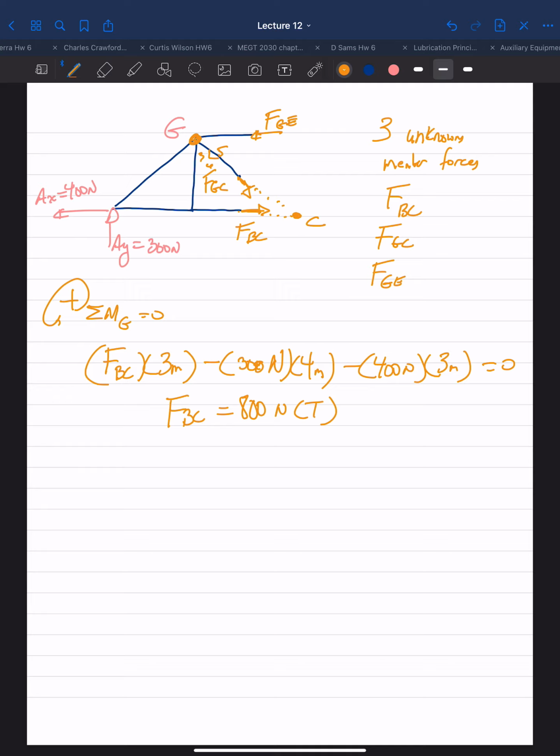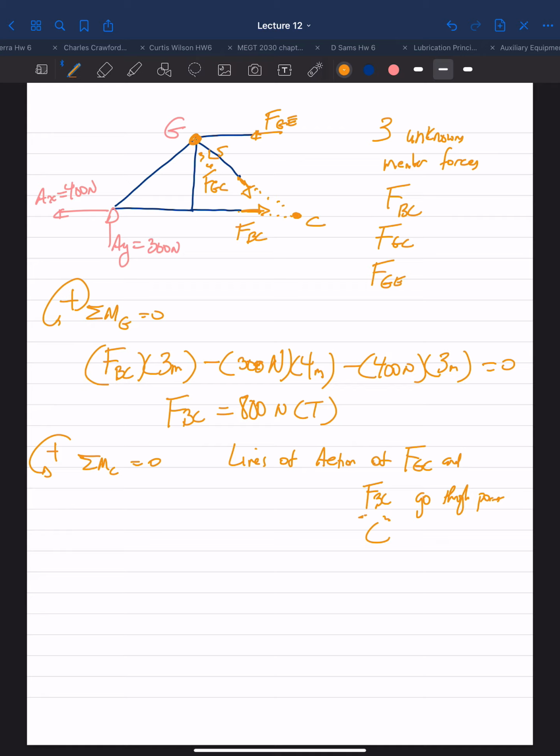Now, if I take the moment about point C, we can ignore FGC and FBC because their lines of action go through point C, so they cause no moment. So about point C, this leaves only AY and GE.